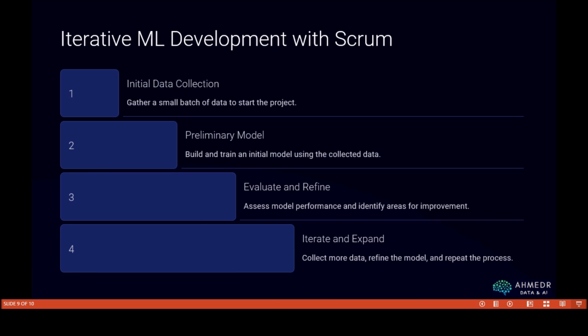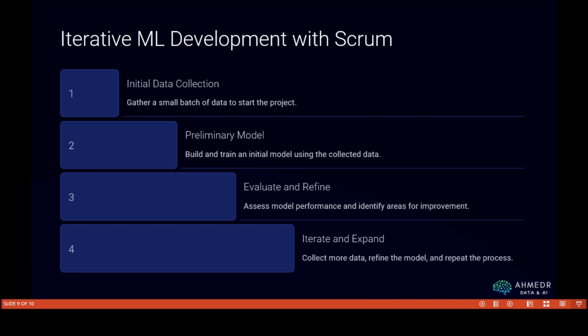The key concept here is iterative model deployment. Unlike traditional software projects using predictive approaches called waterfall, machine learning projects often require iterative development since they have uncertainty and ambiguity. In each sprint, teams may start by collecting a small batch of data to start the project.